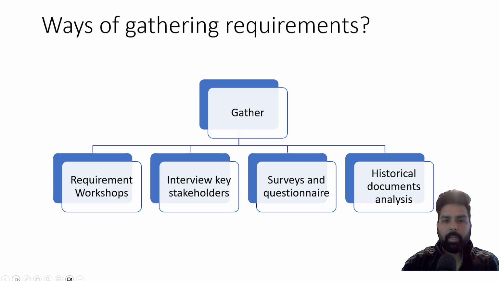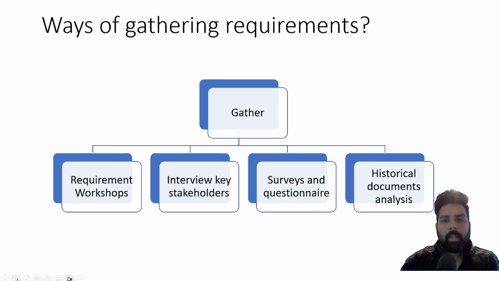So one is your requirement workshop, where you conduct your workshop with the stakeholders, the users, or the business. Then, if you do not want a bigger forum, you do the interview with the key stakeholders. Sometimes you do not get the time for a workshop from the users or the key stakeholders, so then you conduct a survey and send them the questionnaires, asking them to fill in the details.